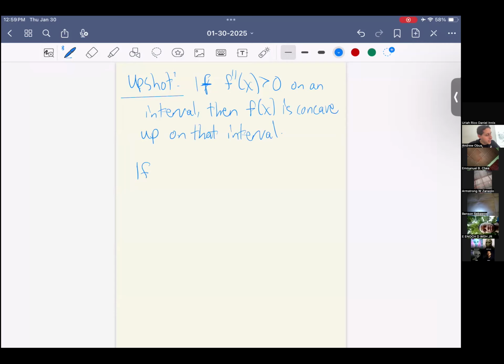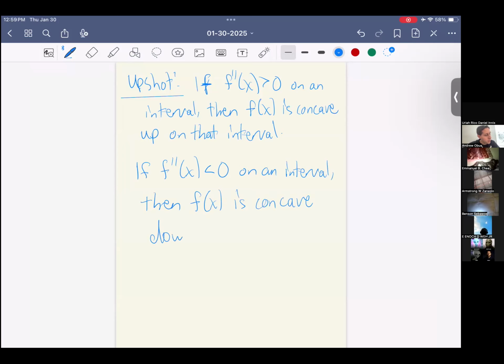And then likewise, if f double prime of x is less than 0 on an interval, then f of x is concave down on that interval.